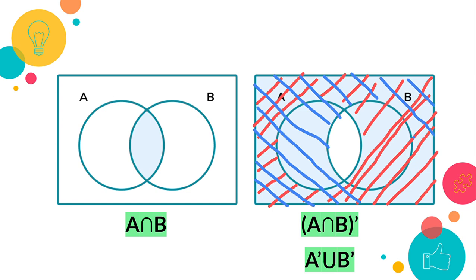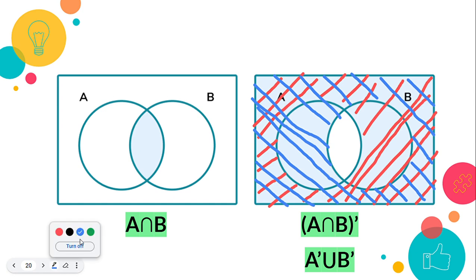Now, if I am looking for the union of those shaded regions, then it simply means that I'm going to be combining the shaded regions into one thing, right? So union means we're putting them together. So if I'm putting all the shaded regions together, you can see that the only place that is not shaded is this region up in here, right?